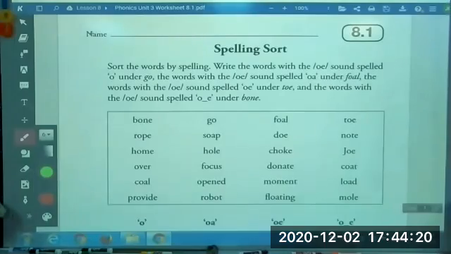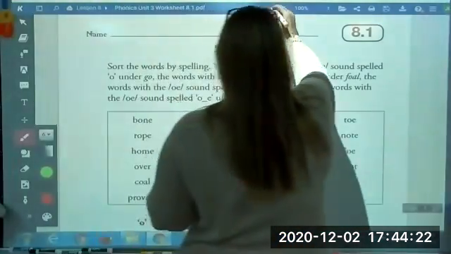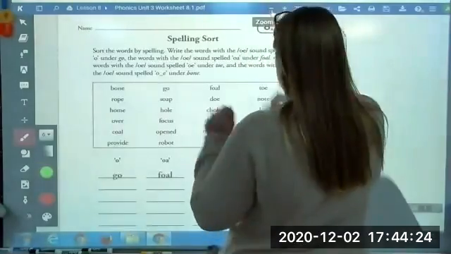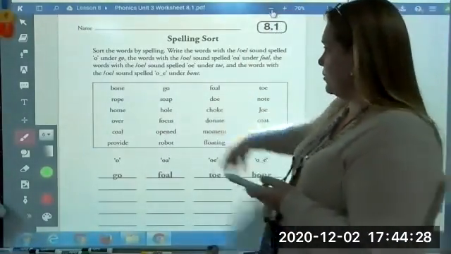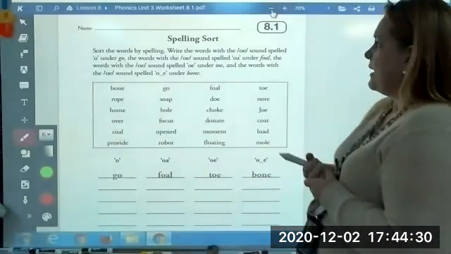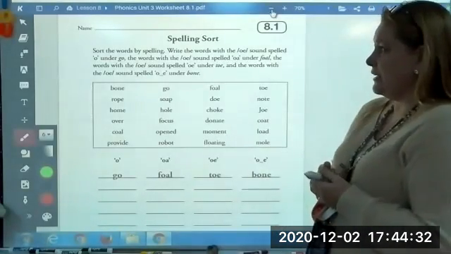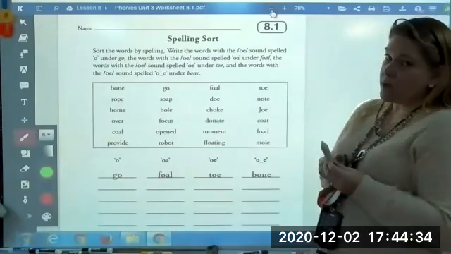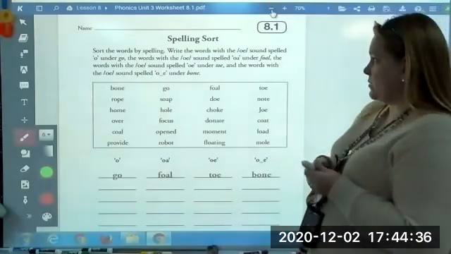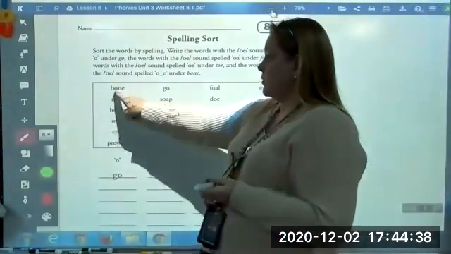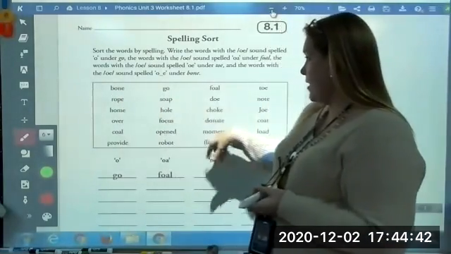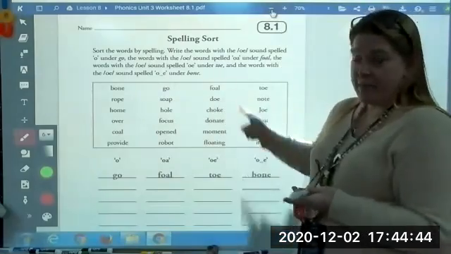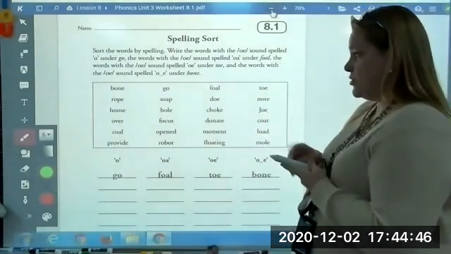All right, so we have been doing several of these lately. You guys are so good at them. You know what you're doing. You have a box with words. You're going to read the words and you're going to identify the letters in the word that make the O sound. Is it O consonant E, O, OA, or OE together? So you're going to decide where should it go.